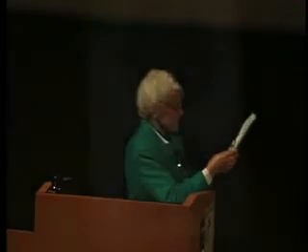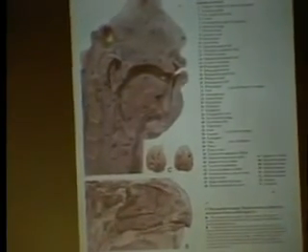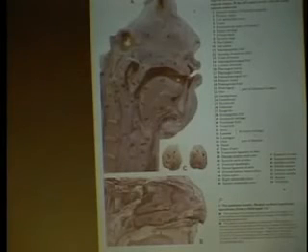Okay, next one. Why do we have the conchae or turbinates? To warm the air, to moisten the air, and to clean the air, right? Do we provide attachment for nasal muscles? No.